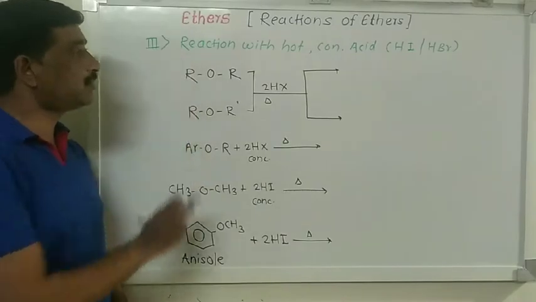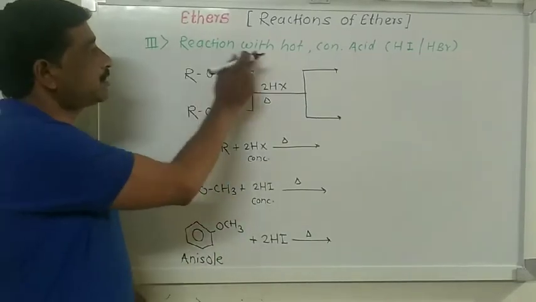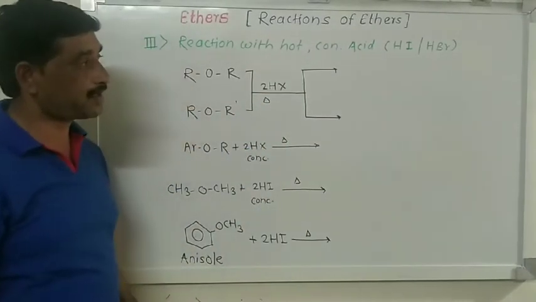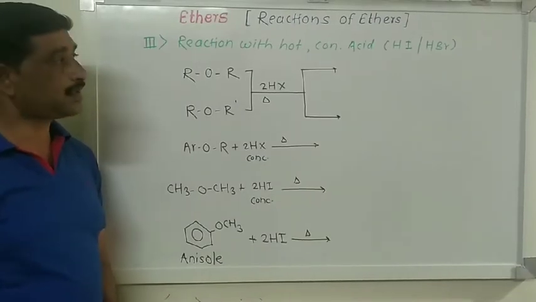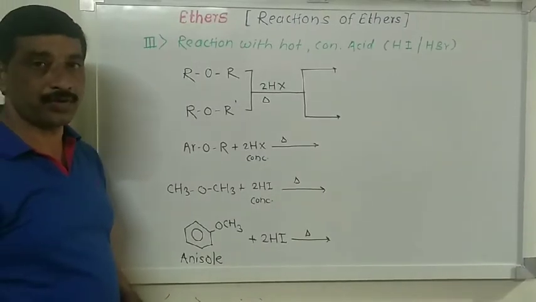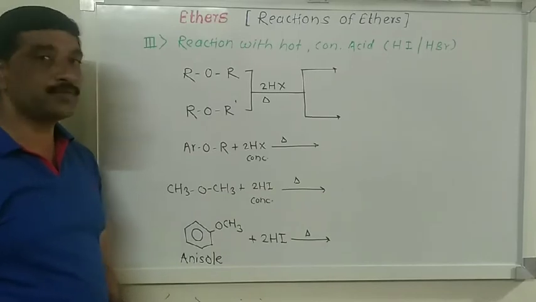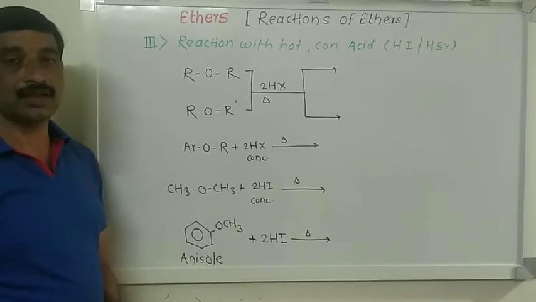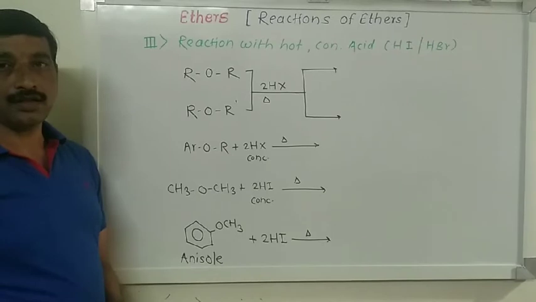The third reaction of ethers is the reaction with hot and concentrated acid. Concentrated acids such as hydrogen iodide and hydrogen bromide, when reacted with simple ethers and mixed ethers, give alkyl halides.